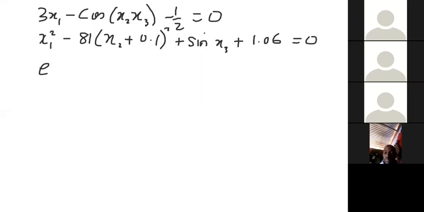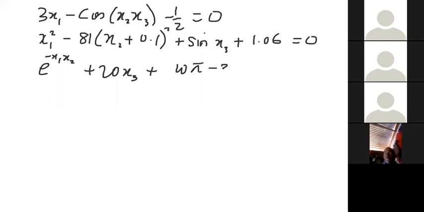And the last equation is e to power minus x1 x2, plus 20 x3, plus (10 pi minus 3)/3 is equal to 0, right? So that's the system of equations that we are looking at.